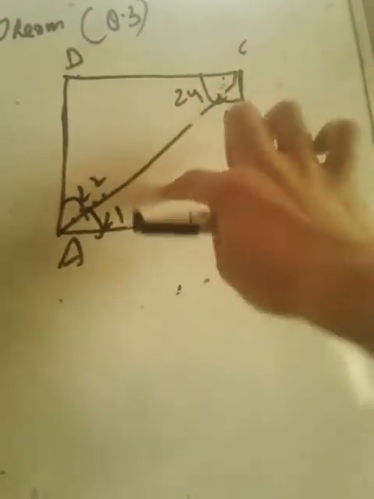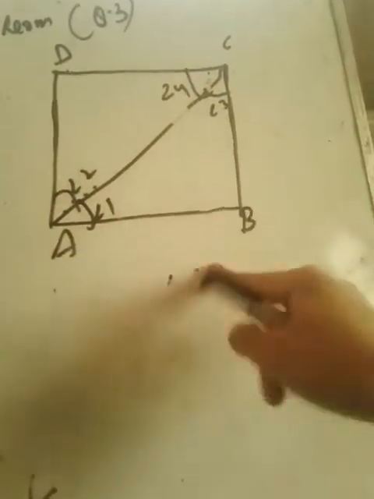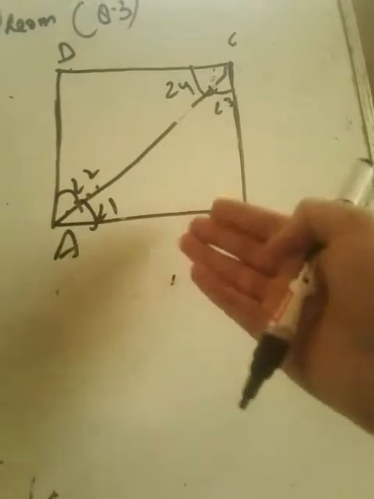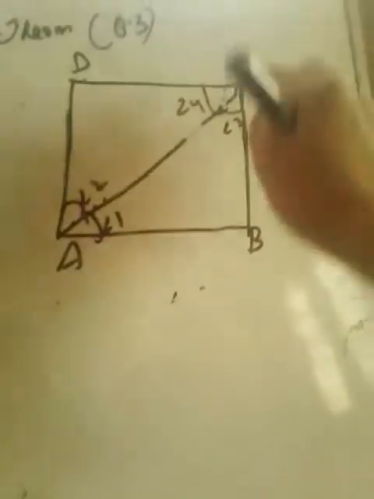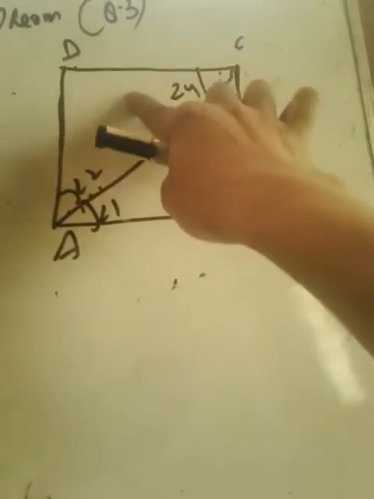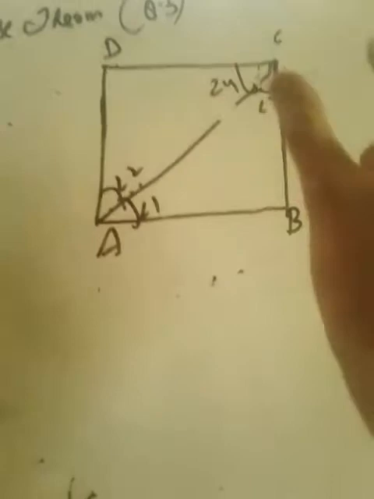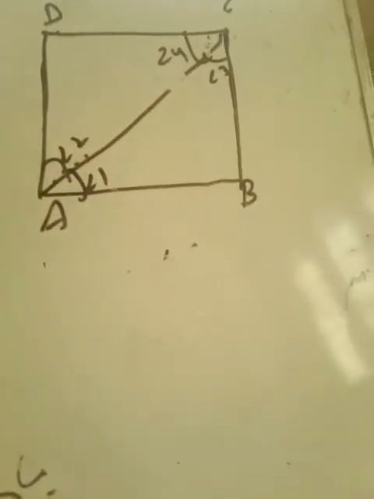Angle 1 and angle 4, these are alternate interior angles. But you know, when alternate interior angles are equal, then lines are parallel, then AB parallel CD. If we consider AC as transversal to AB and DC, and we have proved that angle 1 is equal to angle 4, that is, alternate interior angles are equal, so lines are parallel.